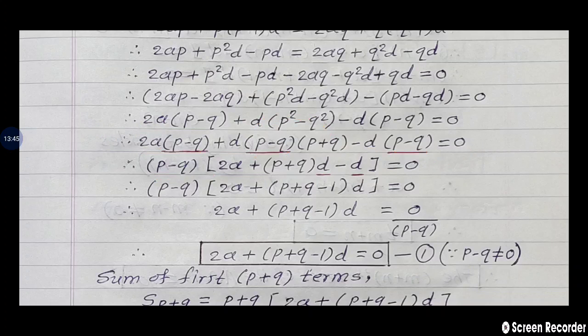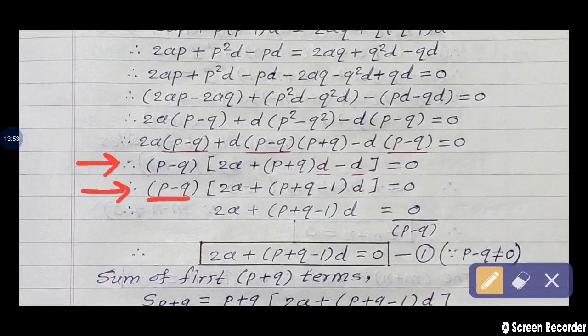Next. In the next step, we solve that bracket. Check here. This step we already read. Now in the next step, p minus q in bracket, 2a plus d is common in the second and third term, so we write it as common. And what is remaining in the bracket?